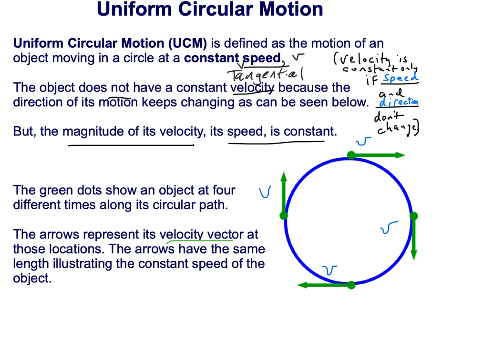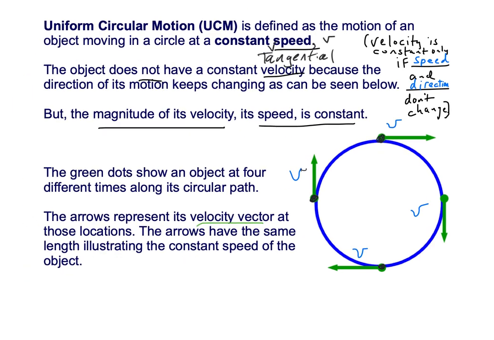So tangential speed is in meters per second. It's like what your speedometer would read if you're going around in a circle in your car. Here's the car going around in a circle in 4 different places on this blue circular path. The speedometer reading is a tangential speed. The speed's staying constant, but velocity isn't.